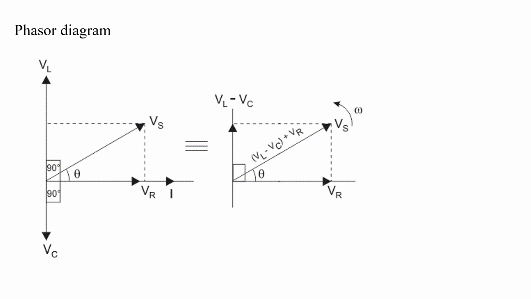Since V and I are in phase with each other in the resistor, we draw VR and I in the same line, whereas in the capacitor the current is leading, that's why VC is put in the downward side, whereas in the inductor the current lags, that's why we put VL in the upper side. So accordingly we got VL and VC, and we get the resultant voltage as VS. Based on the inductive and capacitive values, the phase angle will differ. This way you can draw the phasor diagram.